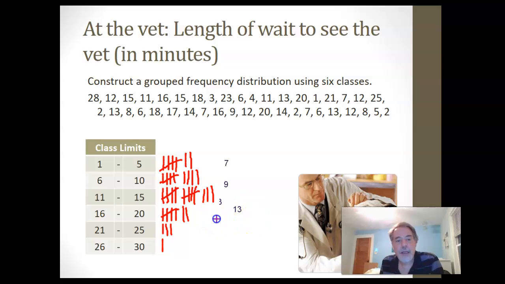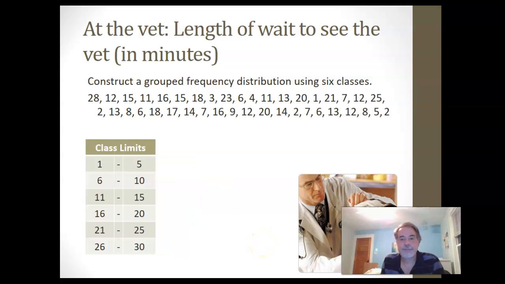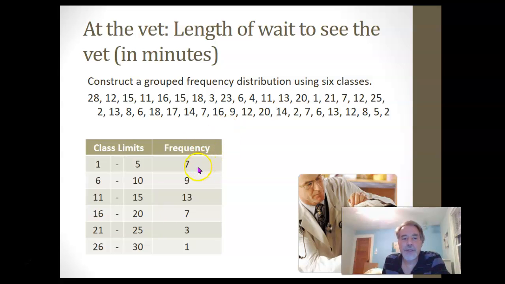Then we had 7, 3, and 1. So there's our frequencies, 7, 9, 13, 7, 3, and 1. And if you add those all up together, 7 plus 9 plus 13 plus 7 plus 3 plus 1, they add up to 40. So this was a list of 40 numbers.